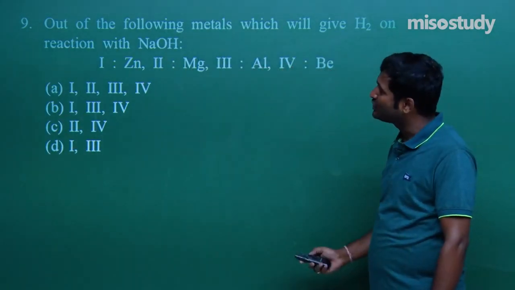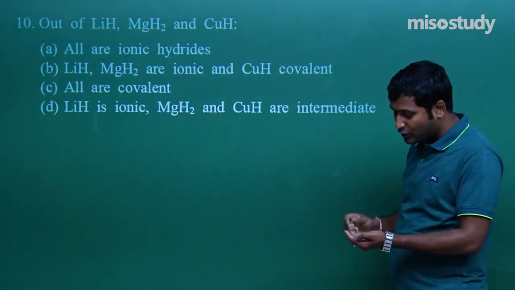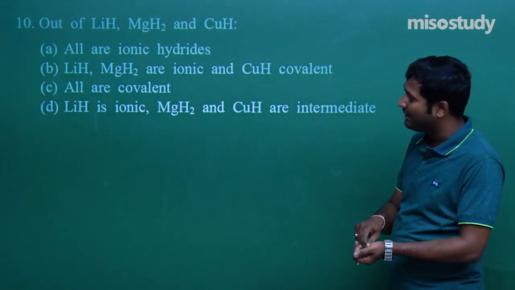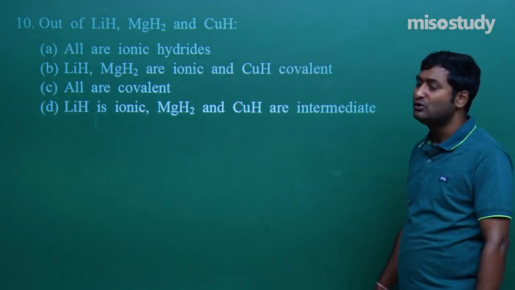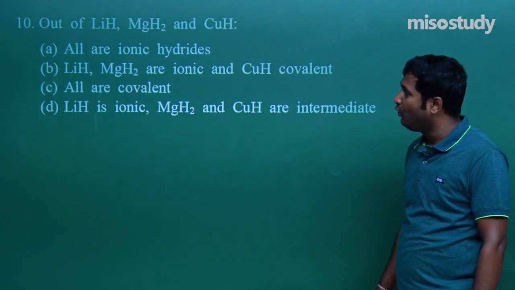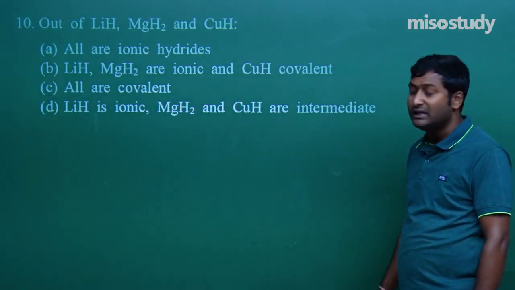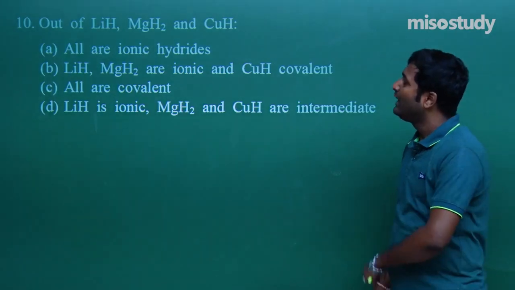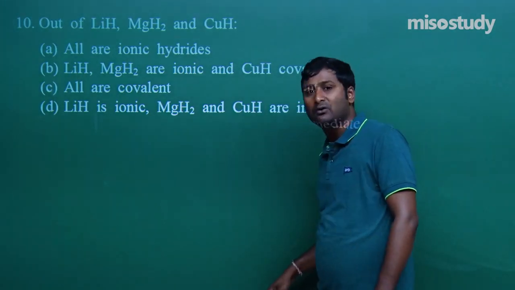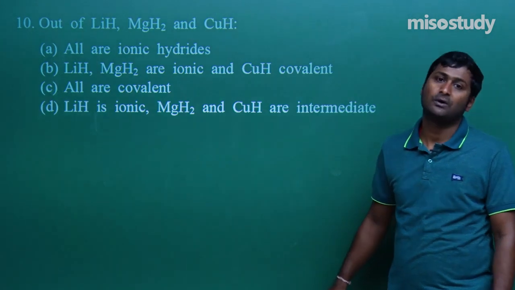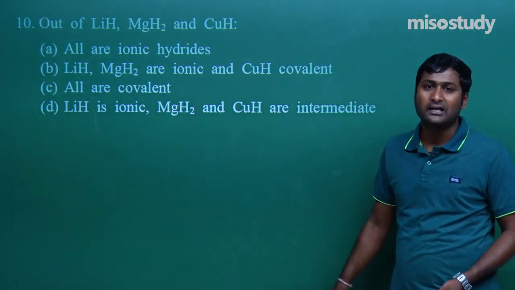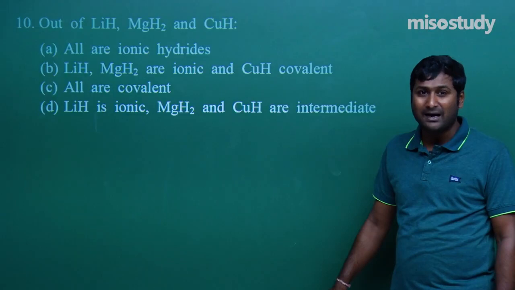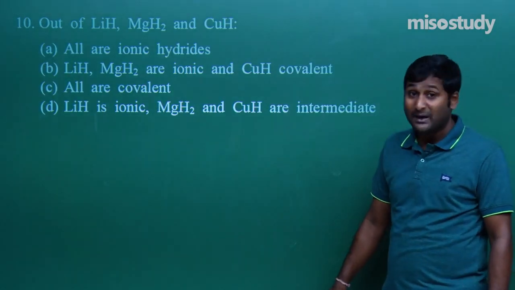What is the next question? Listen carefully. Out of LiH, MgH2 and CuH, as we know, LiH is ionic, and others covalent. As we know, if I talk about the hydrides of hydrogen, the first one is ionic hydride. Generally it forms with alkali metals and alkaline earth metals, but there is an exception.